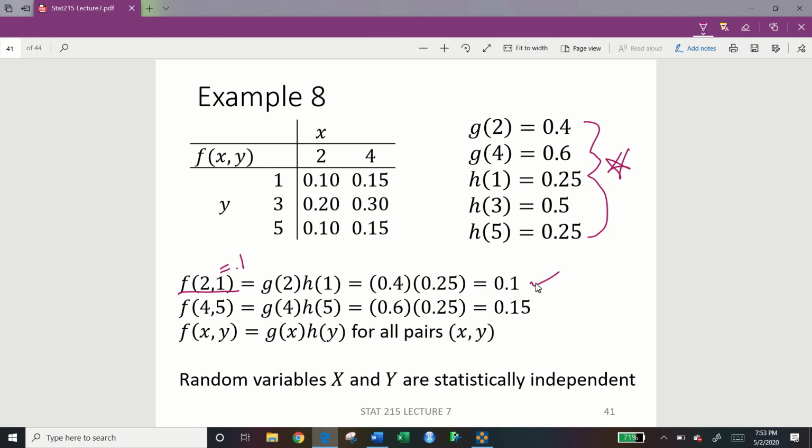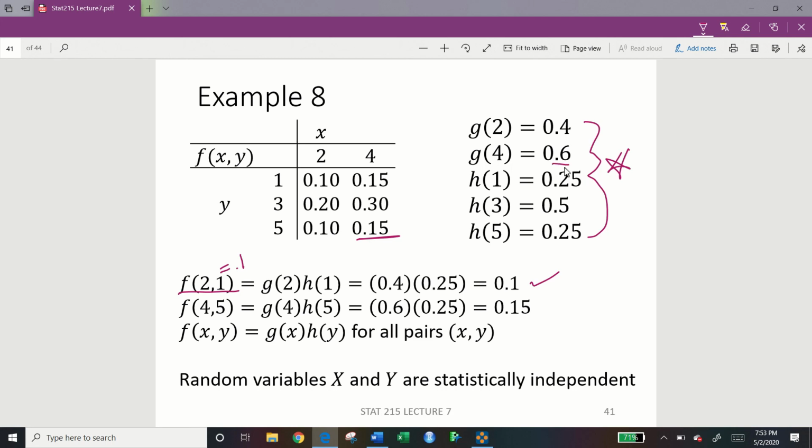Let's do another check. So if we have h of 4 comma 5, or rather, whoop, rewind. So let's check. F of 4 comma 5 is going to be 0.15. Let's check with our marginal distributions. So this would be g of 4 multiplied by h of 5.